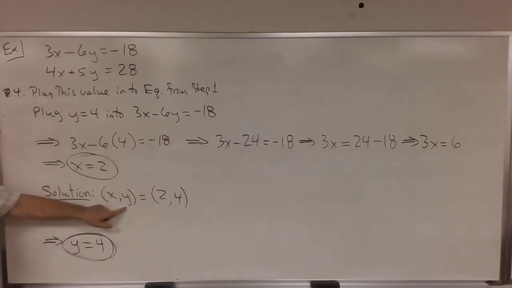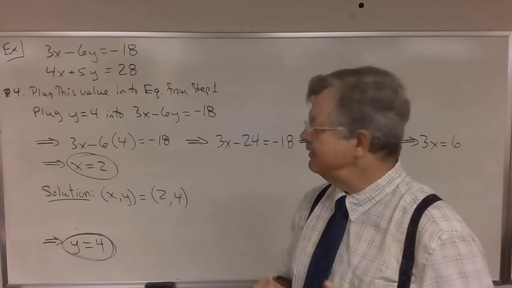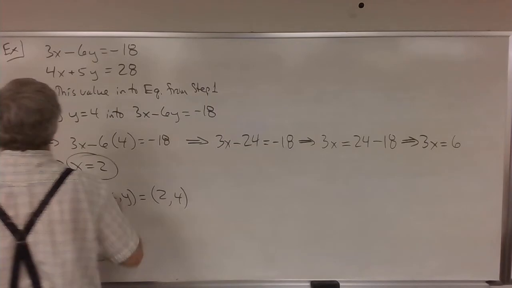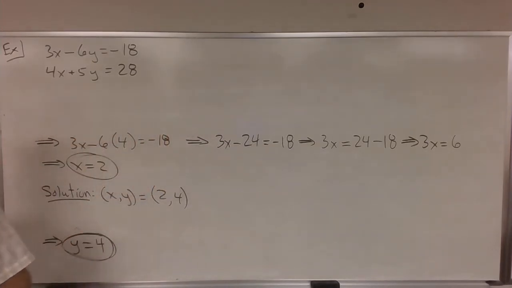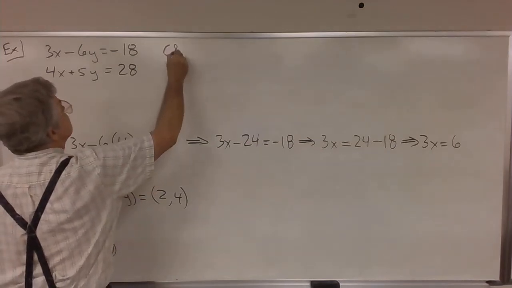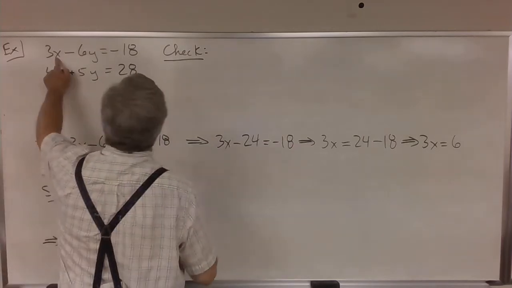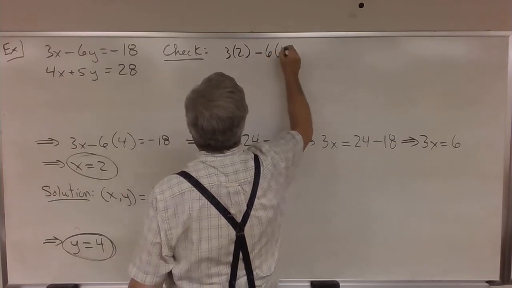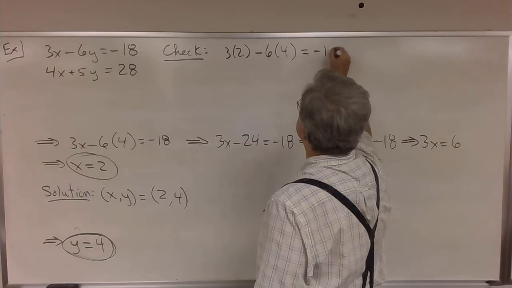Now, hopefully this is our solution. We better check. I didn't come up with the right thing last time. Good thing I checked. And I'm going to check again this time. 3x minus 6y equals negative 18.